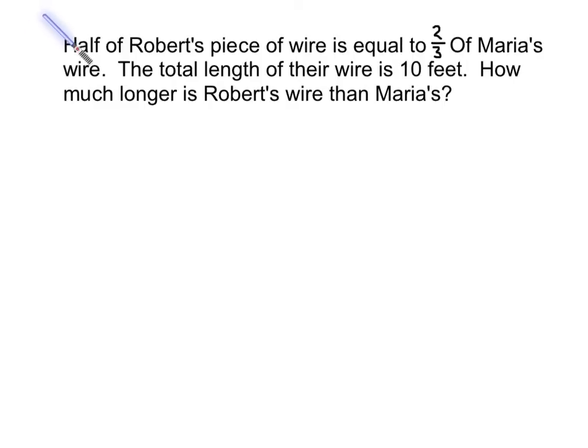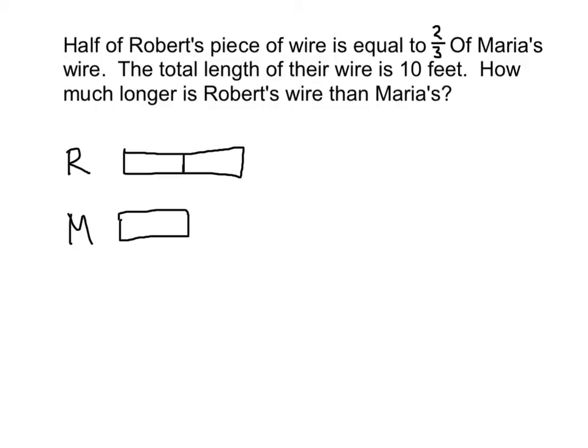So I have this important number here, this half of Robert's is equal to 2/3 of Maria's. So let's see here. If I have Robert's, there's his wire, and half of his wire is 2/3 of Maria's. There's the half.